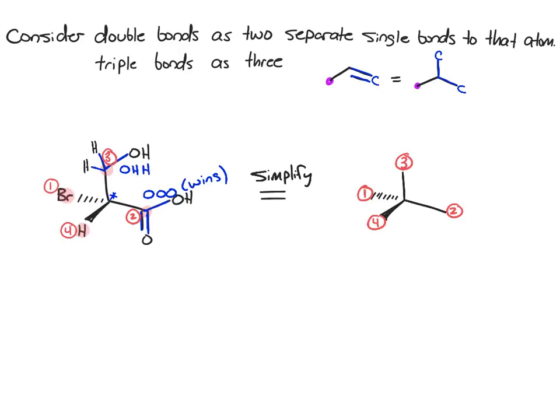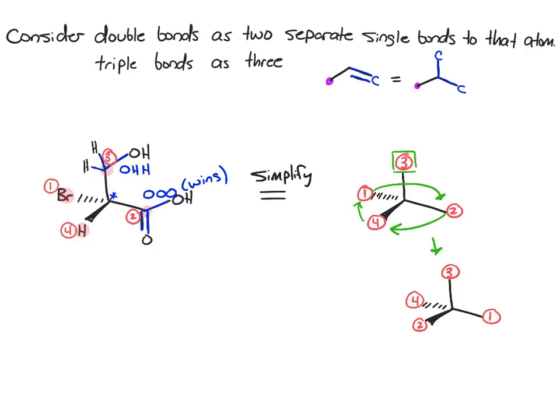And then this small molecule here is really easy to work with and manipulate. So what I can do, let's say we hold 3 constant, then I can rotate 4 to the back, 1 into the plane, and 2 out. Once we do that, we still have 3 we held constant, 1 over here, 2 here, and 4 here.